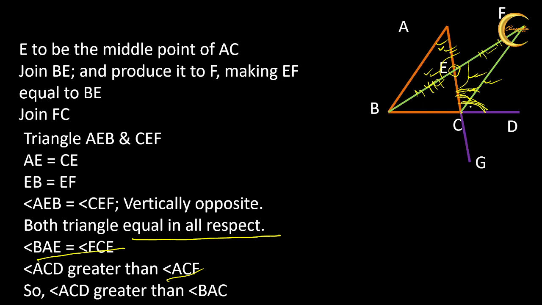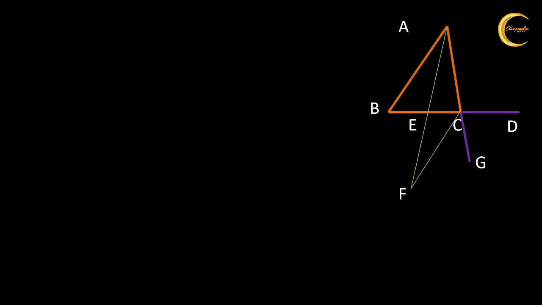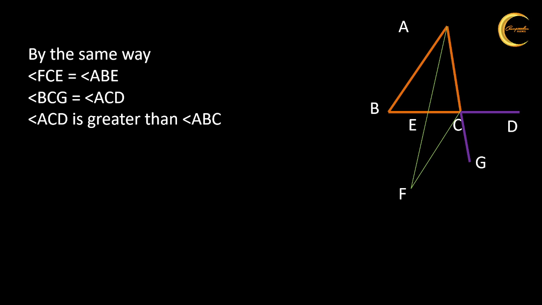So we can say this ACD angle is greater than this ACF angle. And so we can say this ACD is greater than the BAC angle. Okay. So now let's come to another proof for this ABC angle.